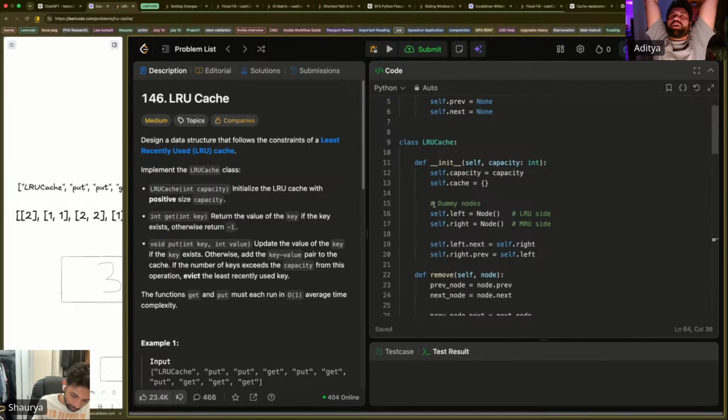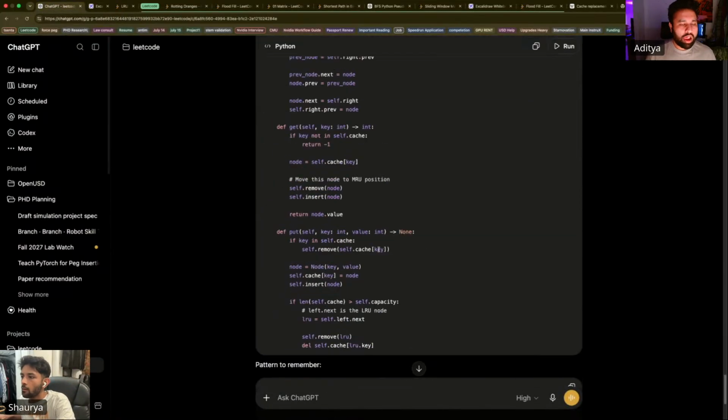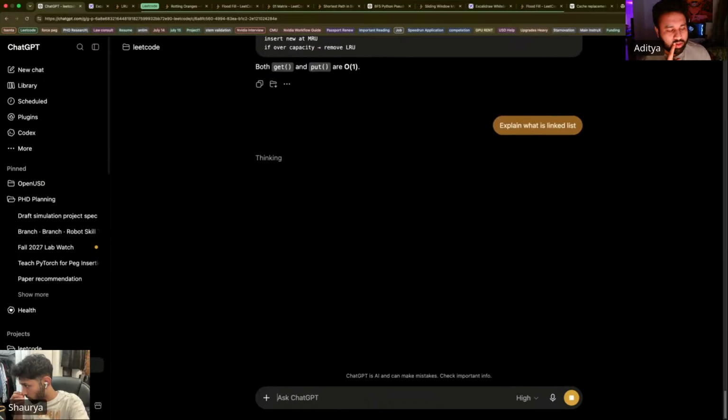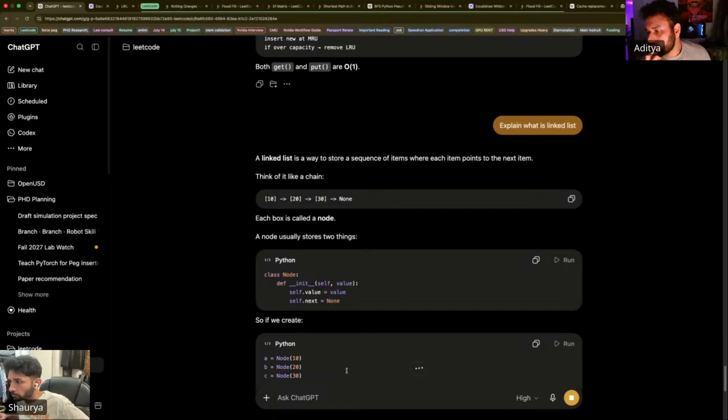Bro, how come you haven't even done linked list? That is one of the most basic. Let me see if I can recall if I've done linked list, but I don't see it in my notes, so I probably didn't do it.